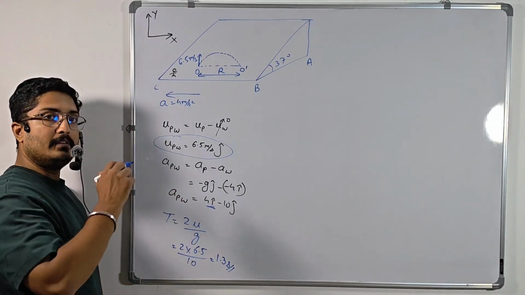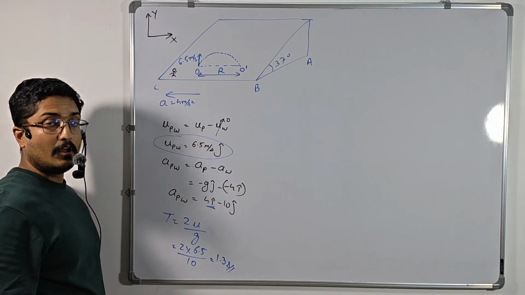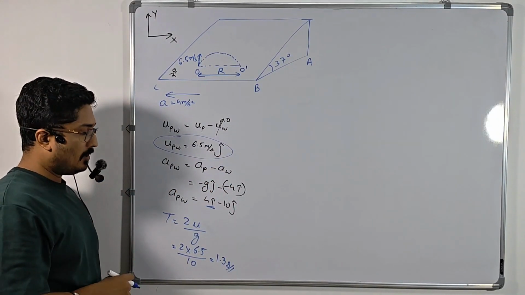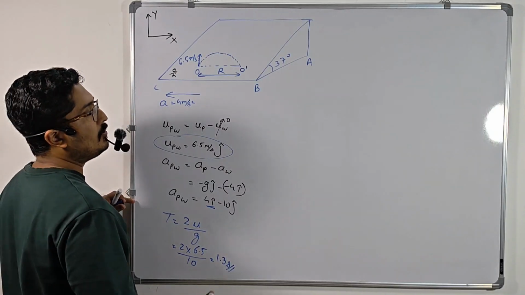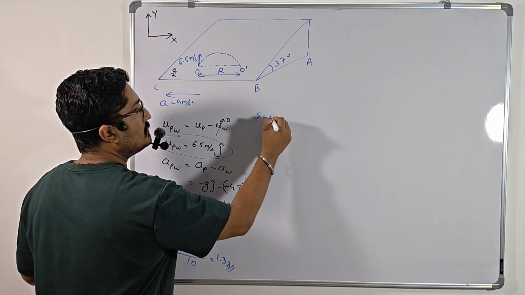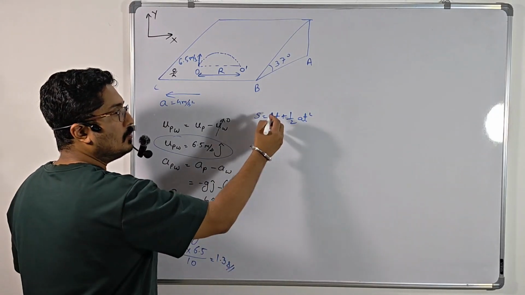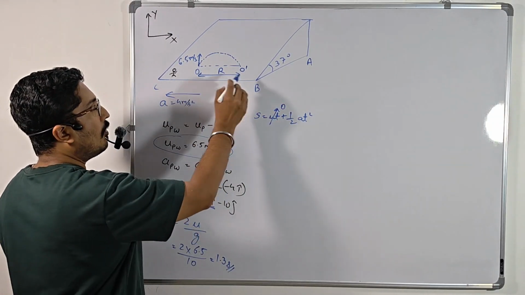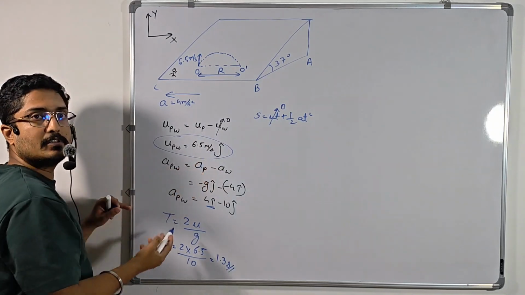For the same 1.3 seconds, the particle would also be covering the horizontal distance with acceleration. And because of that, if I want to find out the distance covered with time, I will have to use the formula S is equal to ut plus half a t square. The good thing is ut: initially what was the horizontal velocity component? Horizontally, the initial velocity was 0.